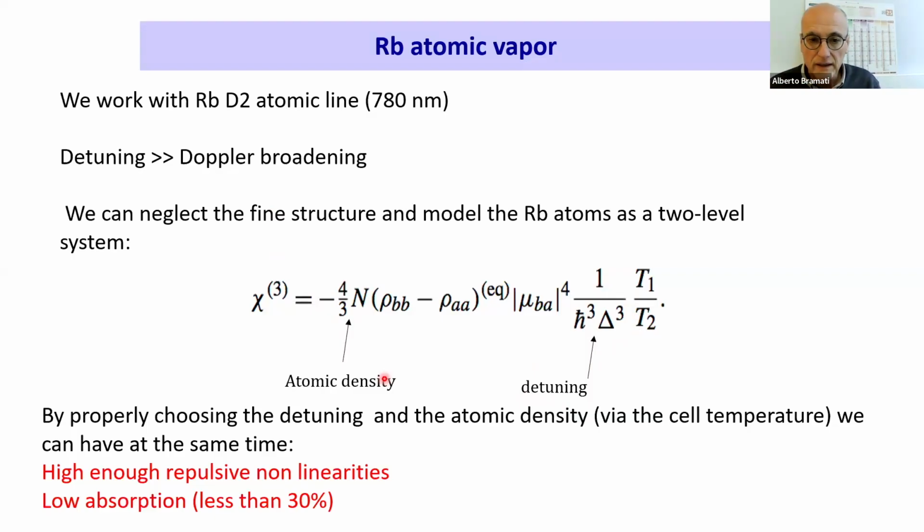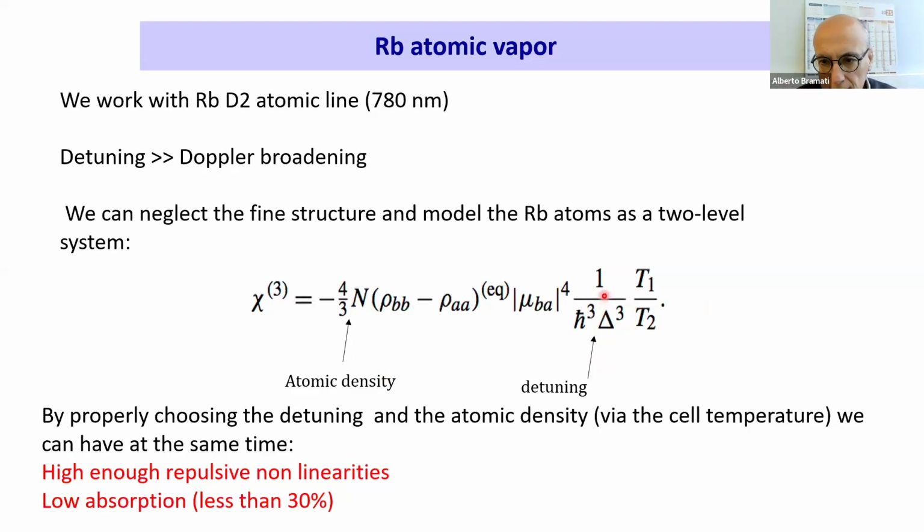Of course, there is a trade-off to find in order to achieve high enough repulsive nonlinearities, but also low absorption, because if we reduce delta too much, we are in resonance, of course, and then the light is absorbed, and then it's not good. So we have to stay with a certain value of the detuning and play with these two knobs in order to have the right conditions.